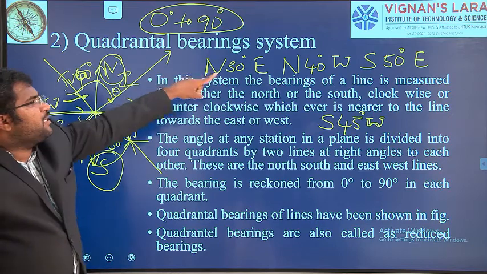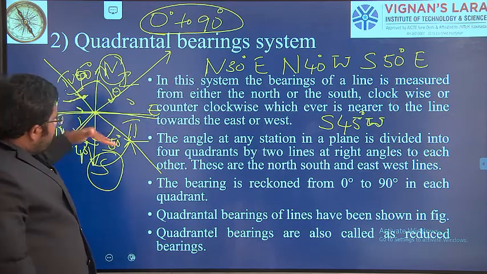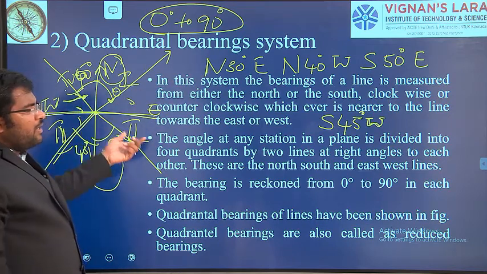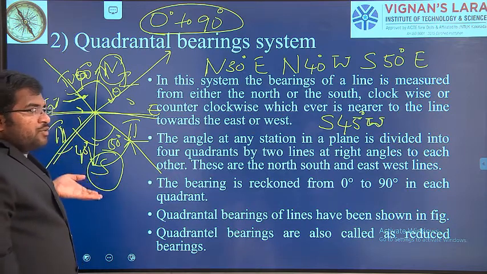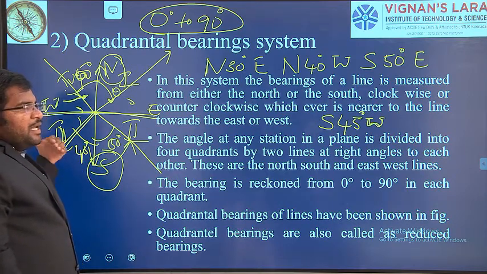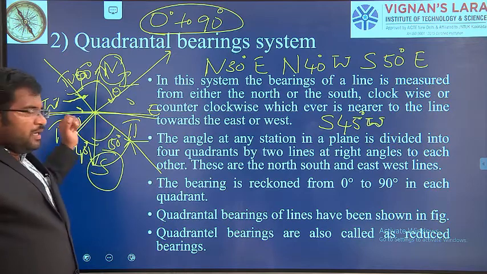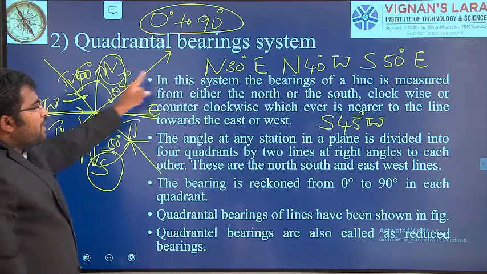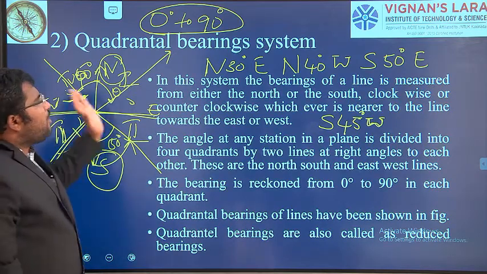If the angle is below this line, or in the second quadrant or third quadrant, or near the south direction, we will represent the angle with respect to south, either southeast or southwest. This is called the quadrantal bearing system.